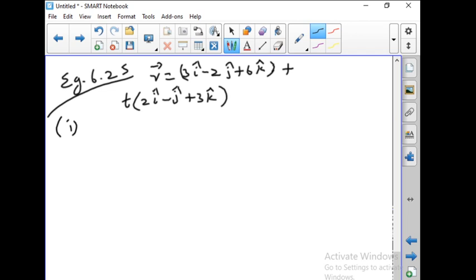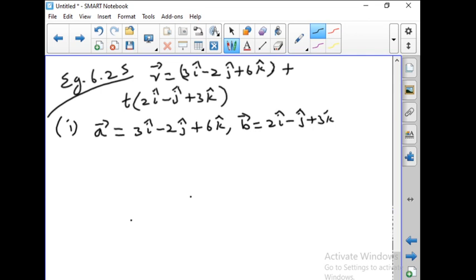So first we will find the direction cosines. So here what is a vector? A vector is equal to 3i cap minus 2j cap plus 6k cap. And b vector is equal to 2i cap minus j cap plus 3k cap. So now we have to find the direction ratios. So direction ratios are 2, minus 1, 3.